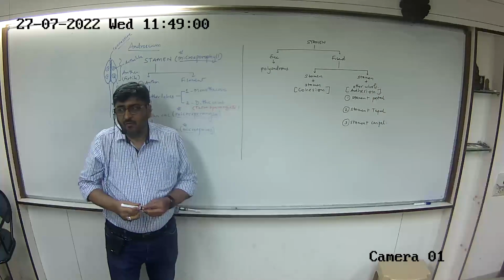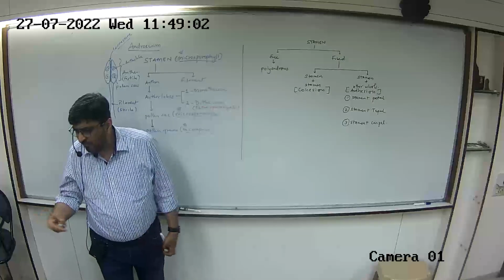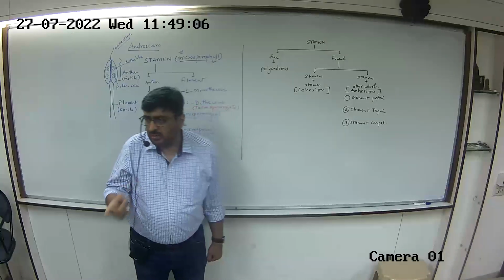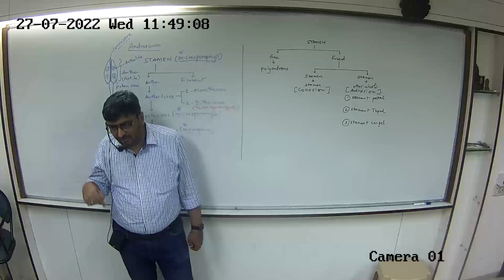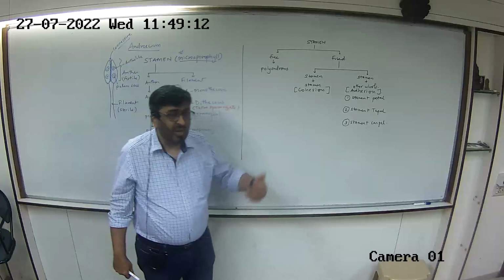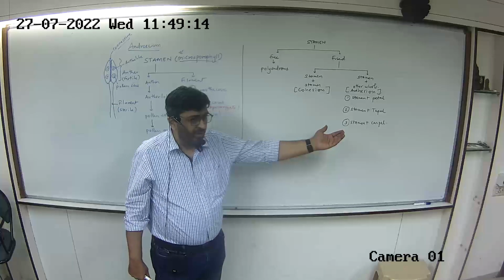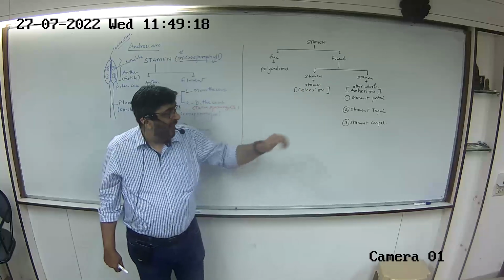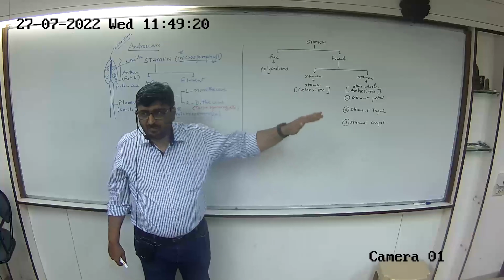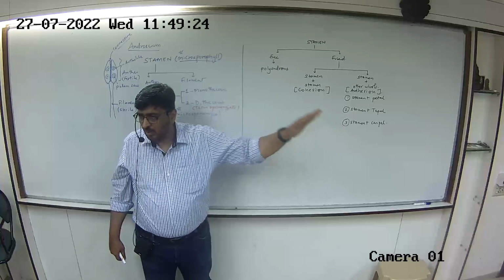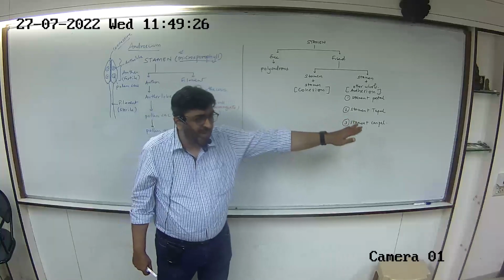So, what are the two types of fusion of stamens? Cohesion and adhesion. Cohesion is stamen fusing amongst itself, and adhesion is where stamens can fuse with other whorls. Adhesion can be of three types. Either the stamen fusing with petal, stamen fusing with perianth, tepal, or stamen fusing with carpel, gynoecium.